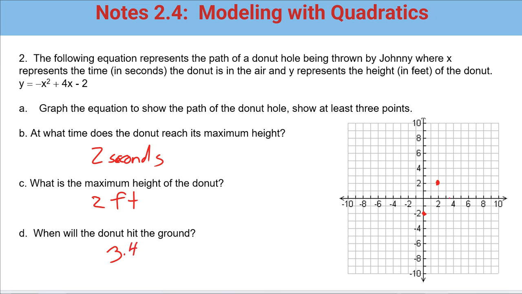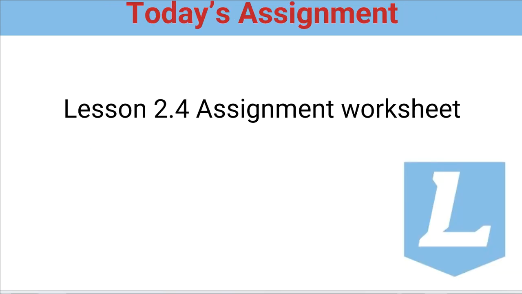I could estimate that and use that as my third point. Right, but there we go. We see it reaches its max height at 2 seconds, and it is 2 feet off the ground. So that should get you set to do lesson 2.4, some real life problems or real life situations using quadratics.